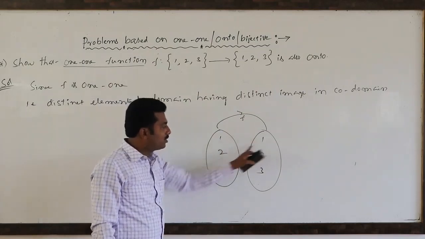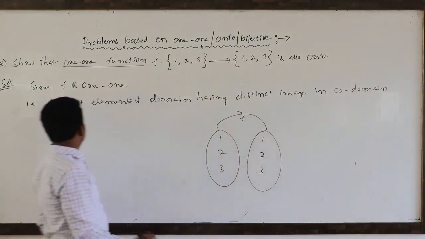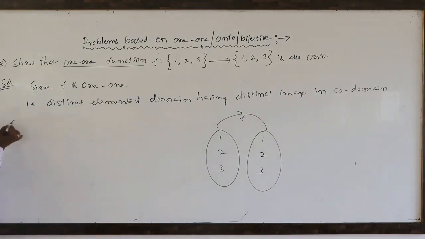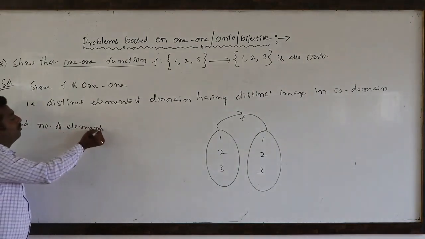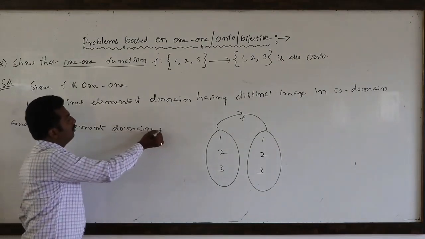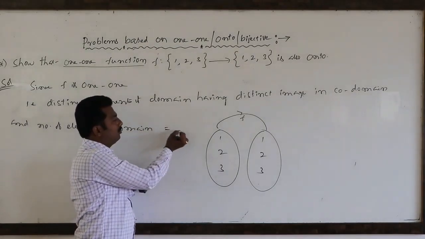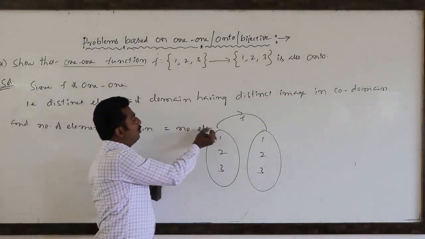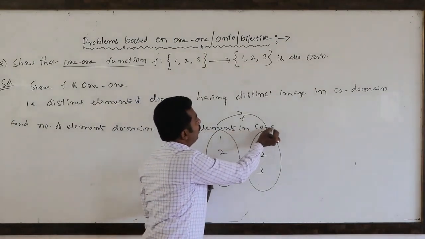The number of elements in the domain is equal to the number of elements in the codomain.